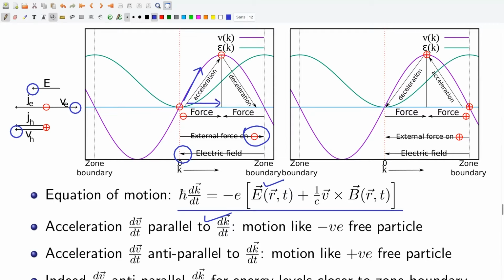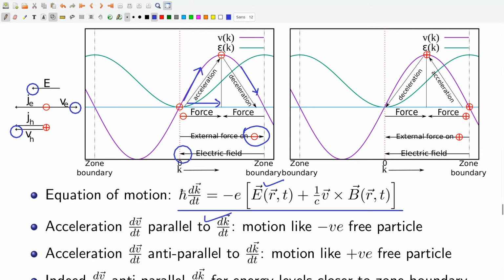in this region. A second possible scenario is velocity decreasing with increasing k. In this case, the electron decelerates. In other words, acceleration is antiparallel to dk/dt.